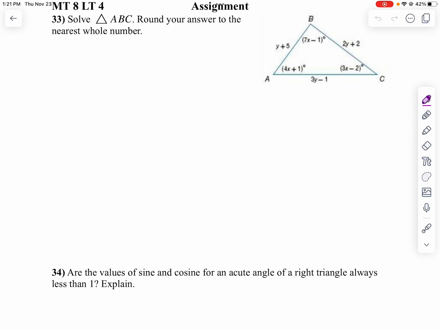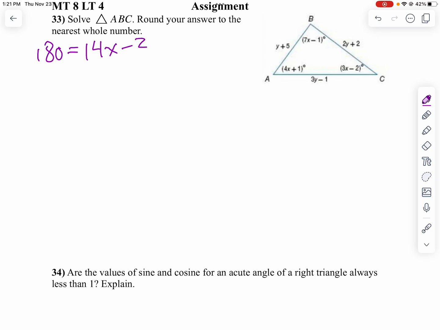So let's use that. So we're going to say 180 equals, let's add up our x's. 4 plus 7 plus 3 is 14, so I get 14x. Then we'll add up our numbers. Negative 1 plus 1, they cancel, so we get minus 2.